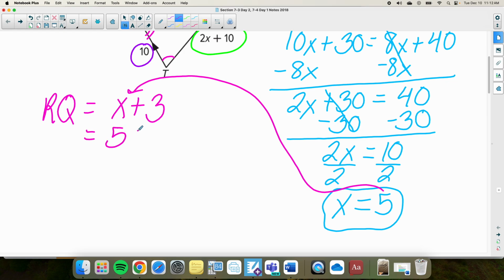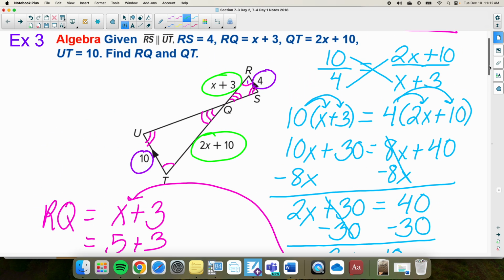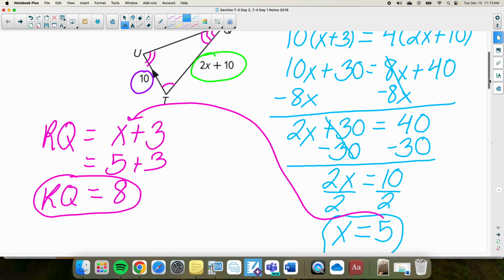RQ would be 5 plus 3, which would be 8. Now you guys do have to show the work on this. You don't have to when you find RQ. Now the second thing it asks us for is QT, okay?